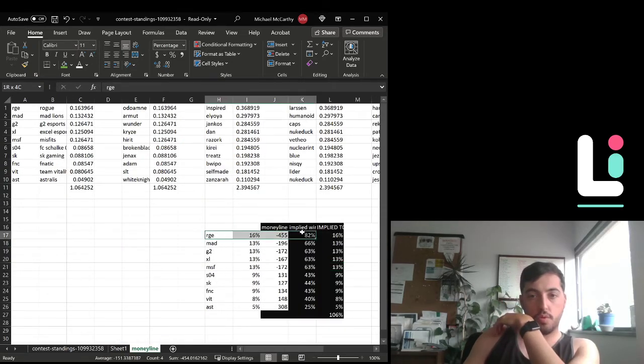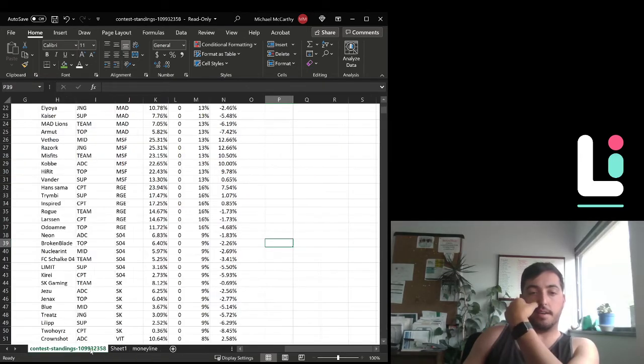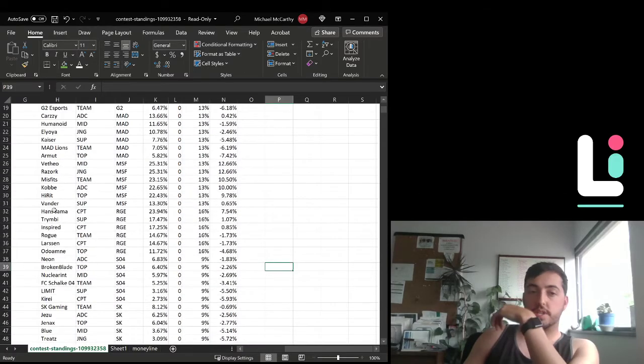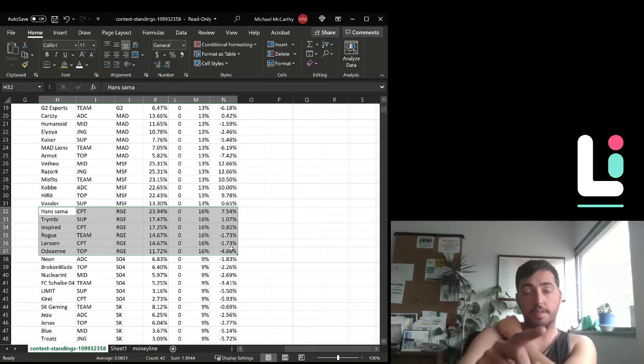Game 3 is Rogue Astralis. So Rogue is the biggest favorite on the slate, implied to win 82% of the time, which is very high. And then that means that all of their players should be about 16% owned. And this is the kind of thing that I love to see.